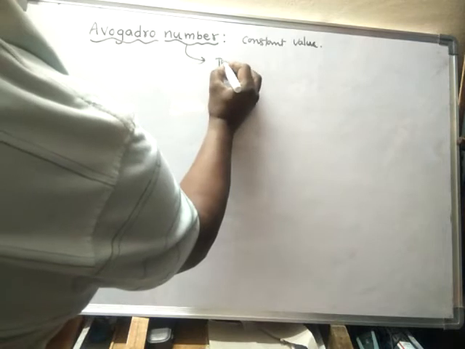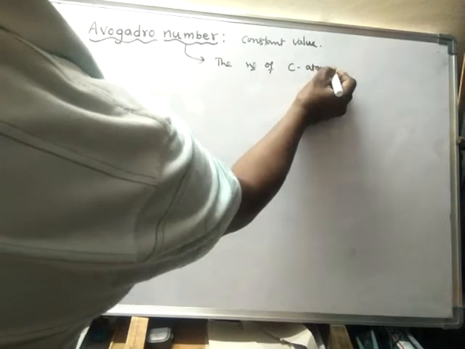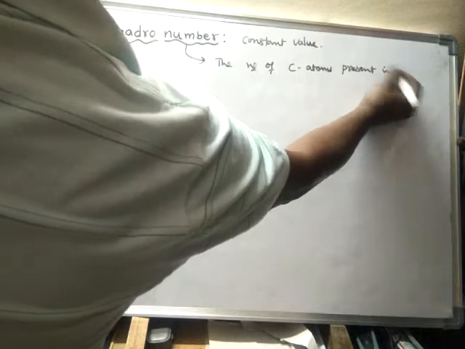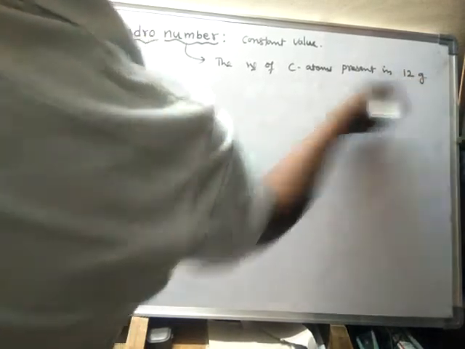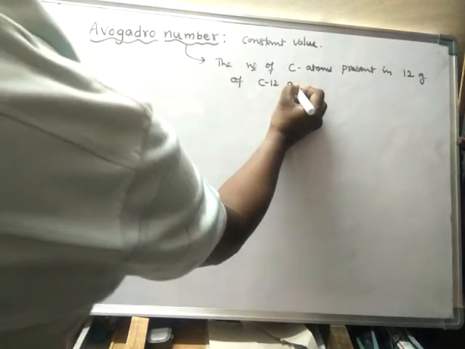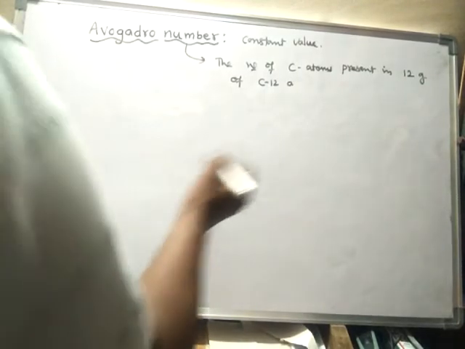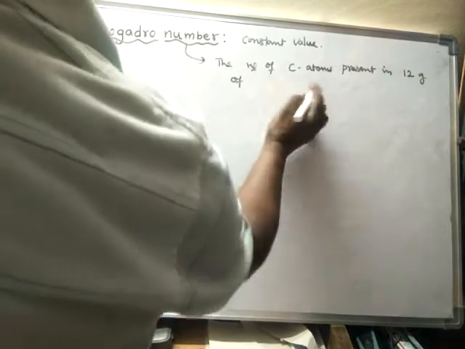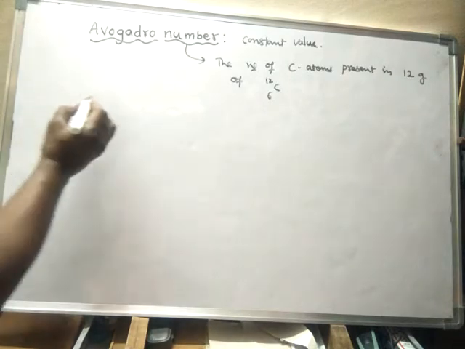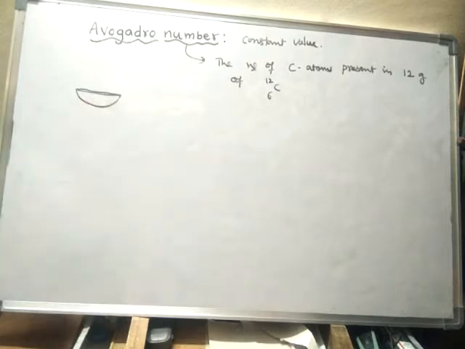It will be equal to the number of carbon atoms present in 12 grams of carbon-12 atoms. Okay, the number of carbon atoms present in 12 grams of the carbon-12 isotope. Suppose you take carbon, the color of carbon is black.